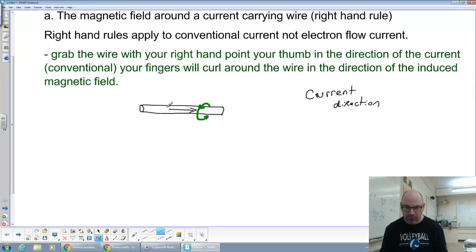On the top of the wire, it's curling around like this, because of our right hand fingers curling around. I'm not going to draw fingers because I'm not a very good drawer. So it's going on the top and then down around. This is the direction of the magnetic field.